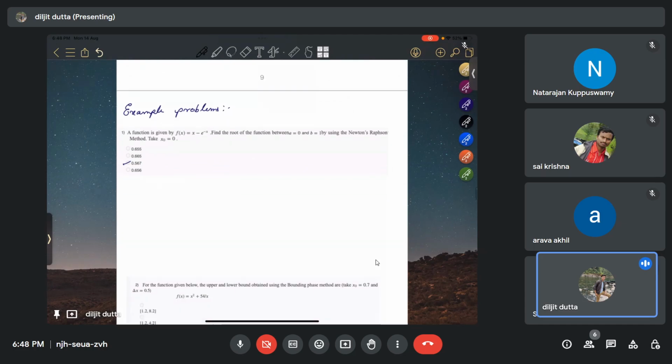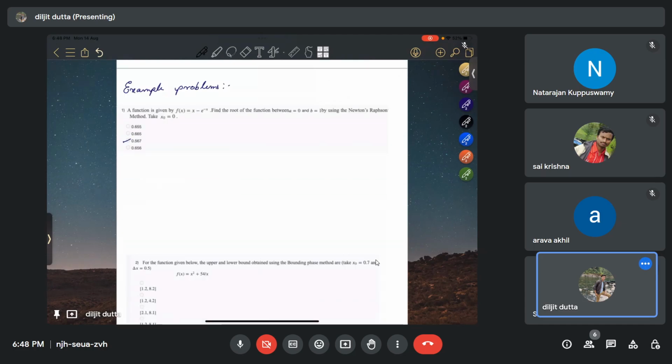Okay, this is a very simple question. A function is given by f of x equal to x minus e to the power minus x. Find the root of the function between a equal to 0 and b equal to 1 by using the Newton-Raphson method. Now we have to find the root of the function, we need not find the optimum.